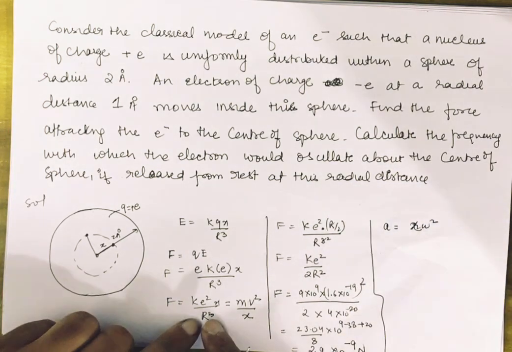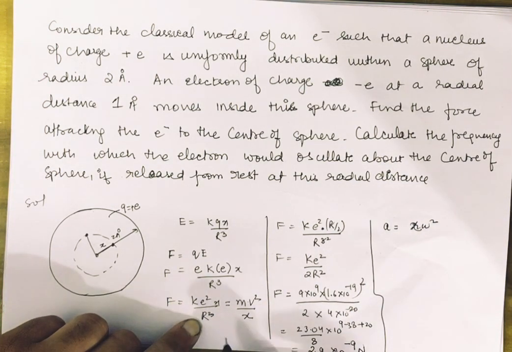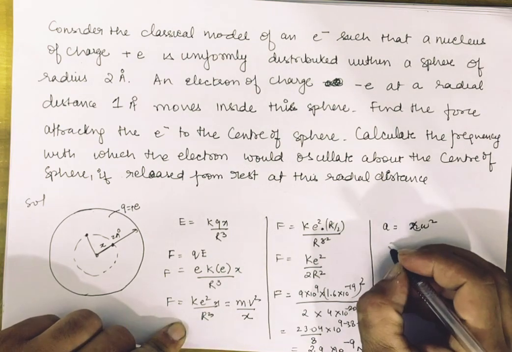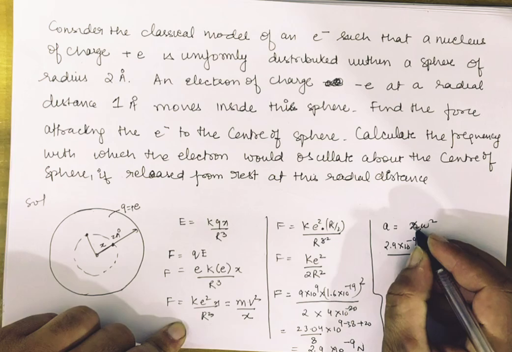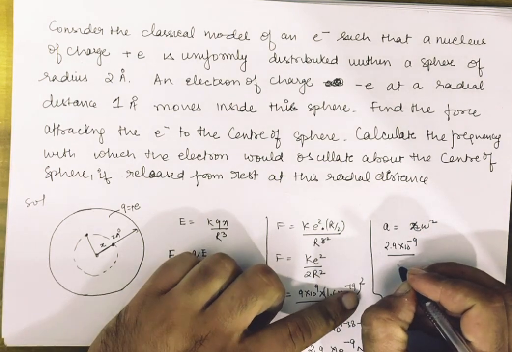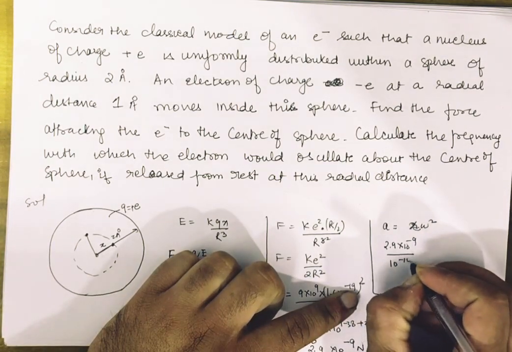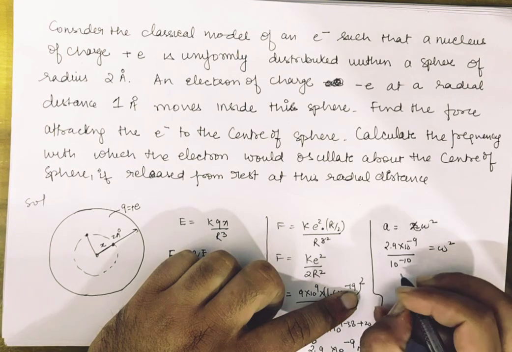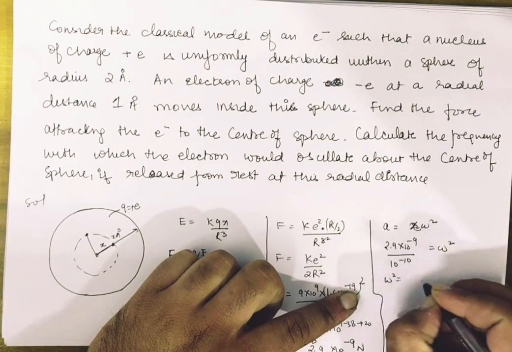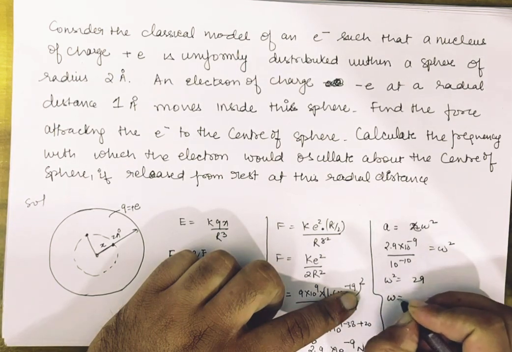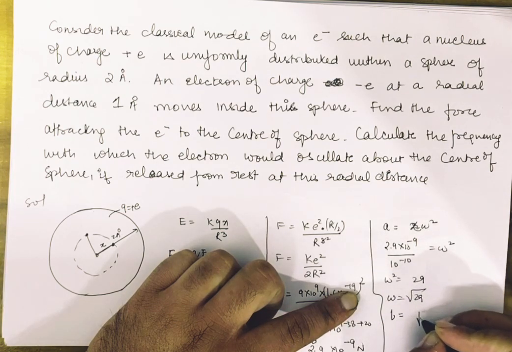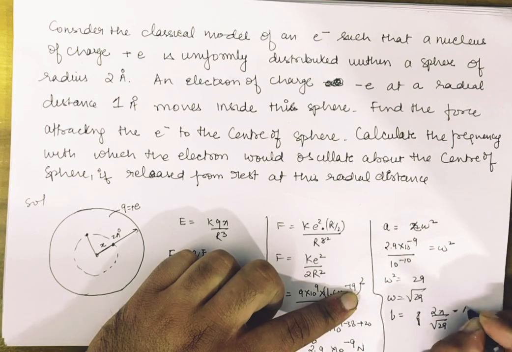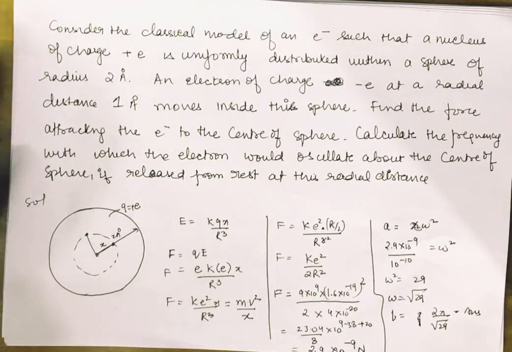So this we have calculated, the entire force, which is 2.9 into 10 power minus 9, divided by 1 angstrom, which is x, 10 power minus 10, and then we'll get omega square. So we'll get omega square as 29. So omega will be root 29, and the frequency is 2 pi by omega if you want to find it in hertz, and that is the answer to the question.